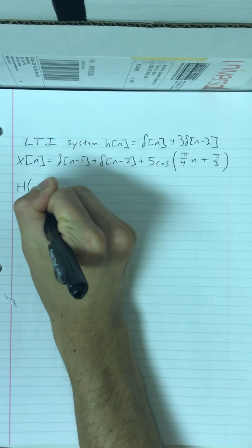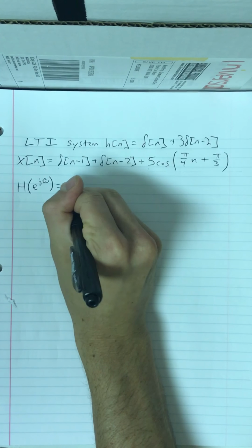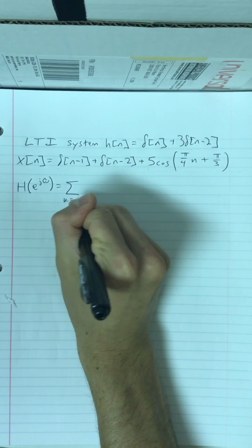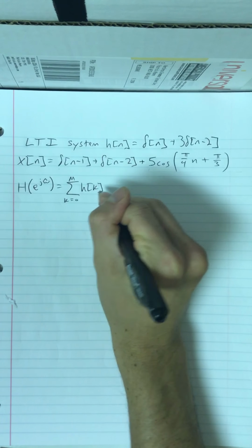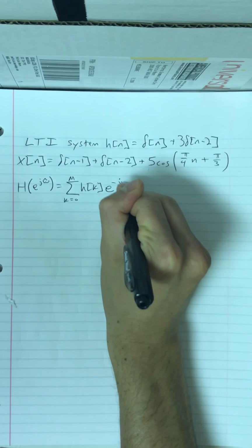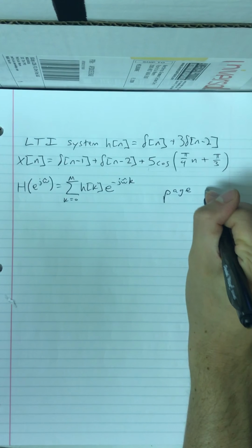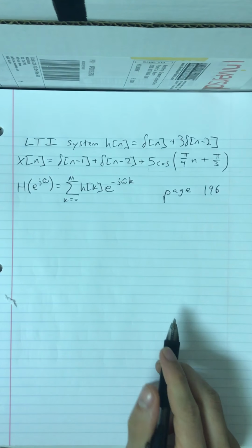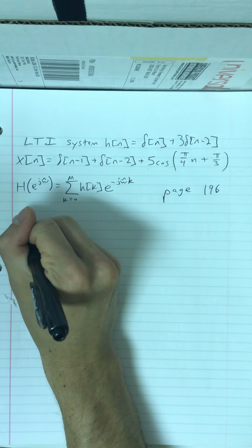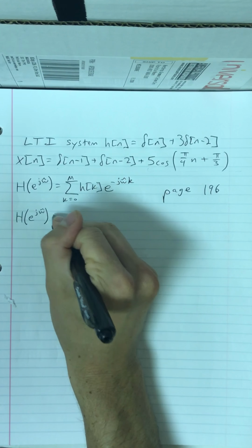And here's the formula to remind you. This is on page 196 of your book. Okay, so let's go ahead and use the formula to get the frequency response of the system.